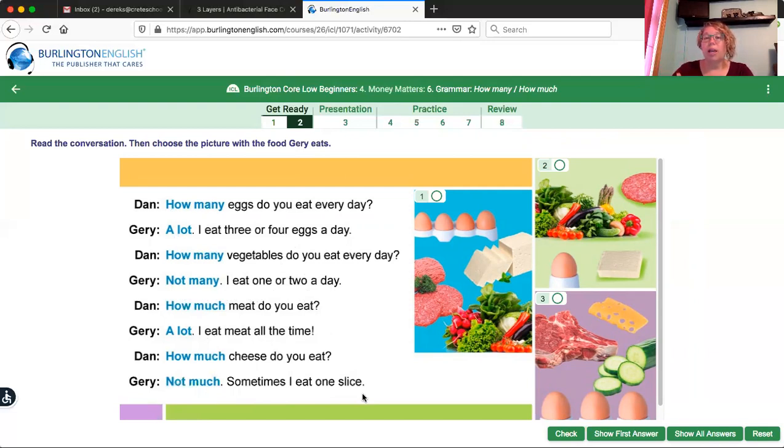Take a minute and read this to yourself, the information, and you're going to want to put the picture with the food that Gary eats. Okay, so which is first, second, and third?